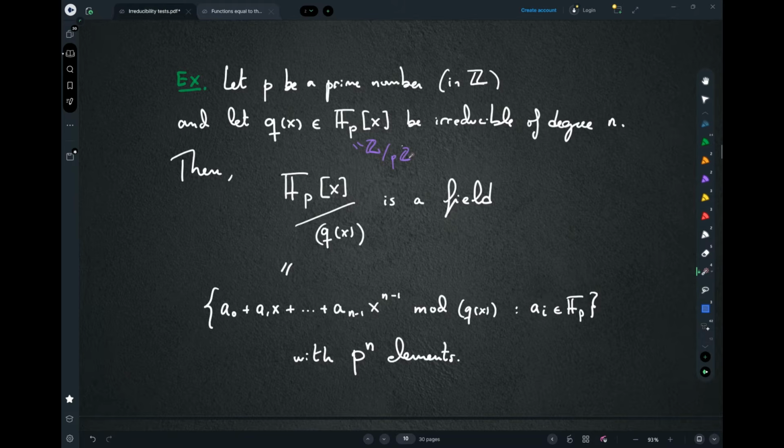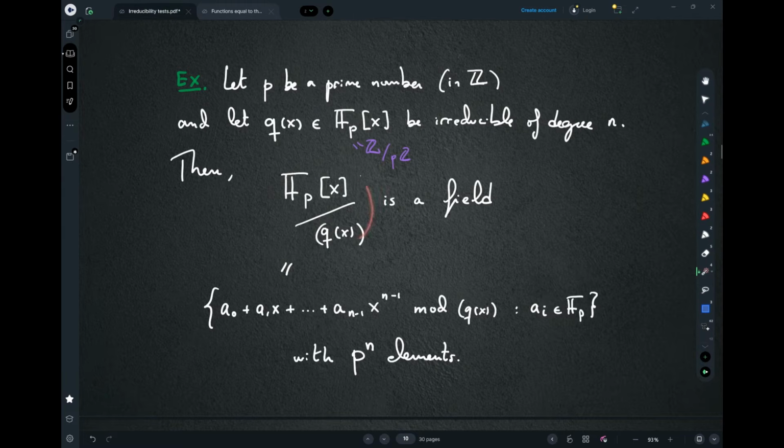So q of x is a polynomial with coefficients in a field with p elements, and suppose that polynomial is irreducible of degree n. Then the quotient of the polynomial ring by the ideal generated by that one irreducible polynomial is a field. But this is a finite field.